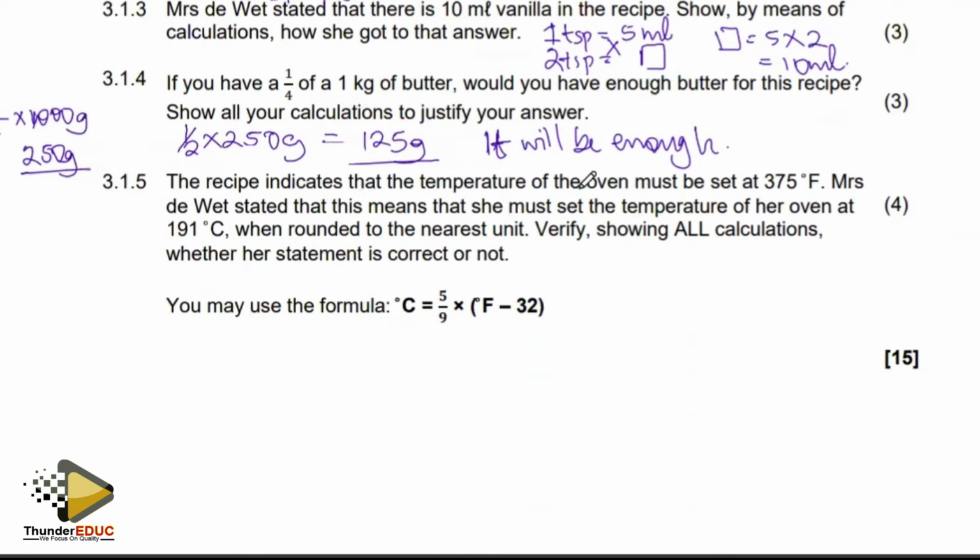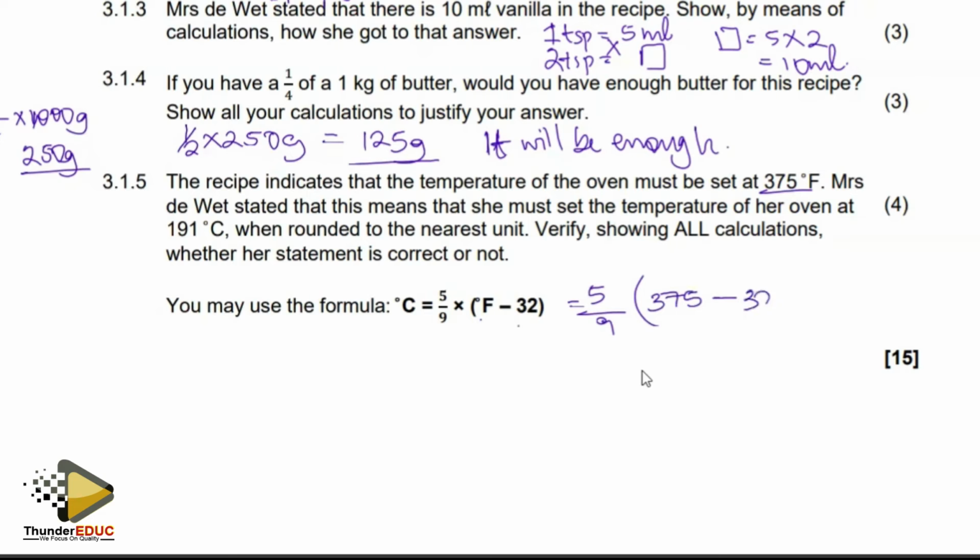The recipe indicates that the temperature of the oven must be set at 375 degrees Fahrenheit. Mrs. Devet states that this means that she must set the temperature of her oven at 191 degrees Celsius when rounded off to the nearest unit. Verify showing all calculations. This is what we call substitution. You start and say, this is my formula, which is 5 over 9, open brackets, where you see the F you put 375, because these are Fahrenheit, minus 32.